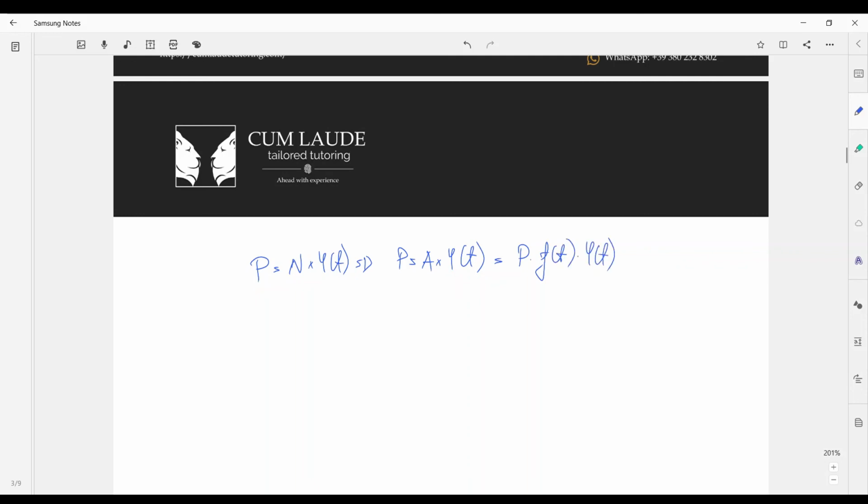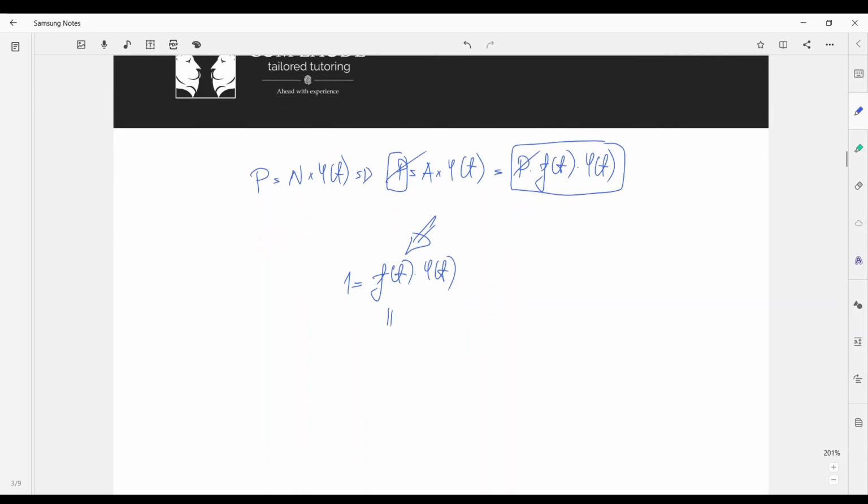So what do we get? We get that P is equal to P times f of t times phi of t. Using simple mathematical rules, I can cut the two P's, and as a consequence, we arrive at this: 1 is equal to f of t times phi of t. From there, we can make two conclusions: that f of t is equal to 1 over phi of t, or that phi of t is equal to 1 over f of t.